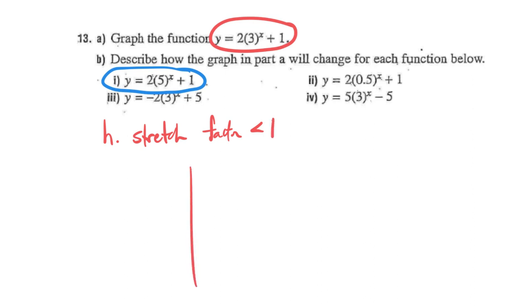If I vertically stretch a function by a factor less than 1, then this red point would get stretched to the location of the blue point. And if I did that to all of my points, my graph would appear steeper. Something like that. So we should be looking for a horizontal stretch factor to be able to change that graph.